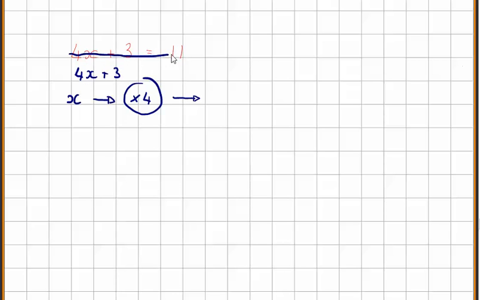Let's forget about that one at the moment. If I told you x is 8, what would you do to find the value? The first thing you would do is times it by 4 and then add 3. So 35, and you would get the answer.